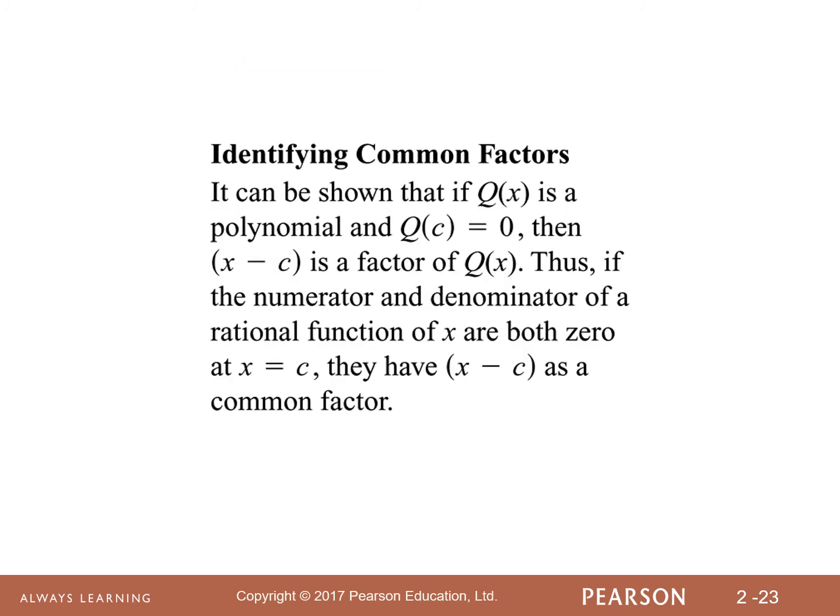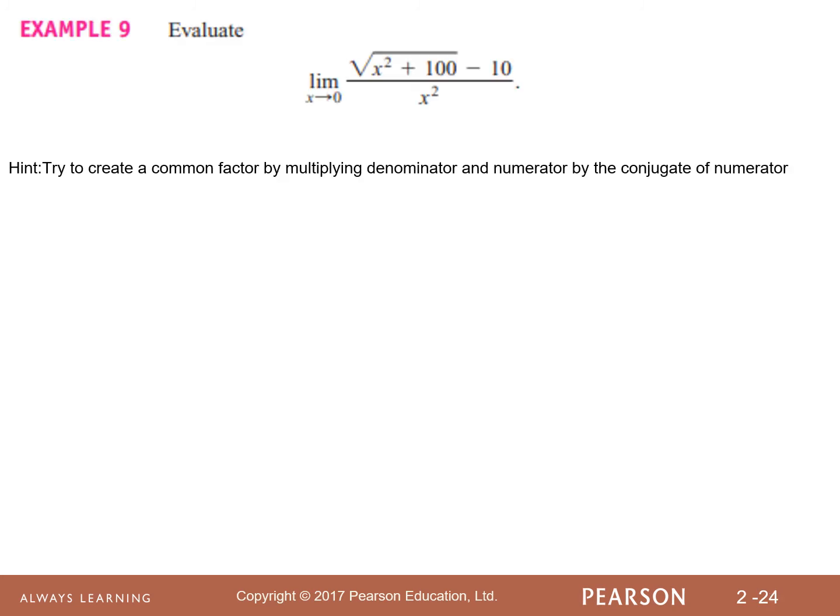Now, this is just a description of what we have done, so we could just go ahead and read it later on. Okay, here is another evaluation. We want to evaluate the limit as x goes to 0. Can we evaluate it? No, because the denominator will be equal to 0, right?